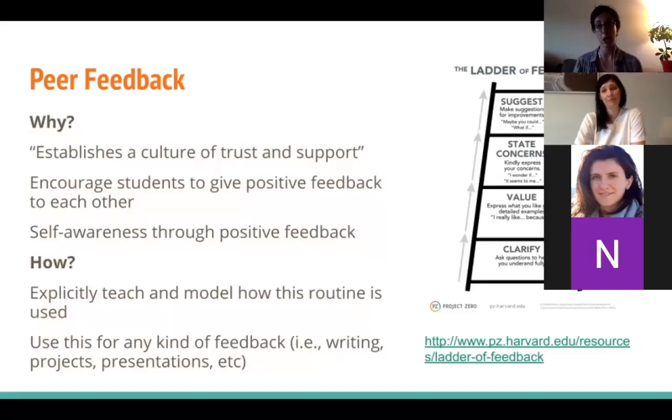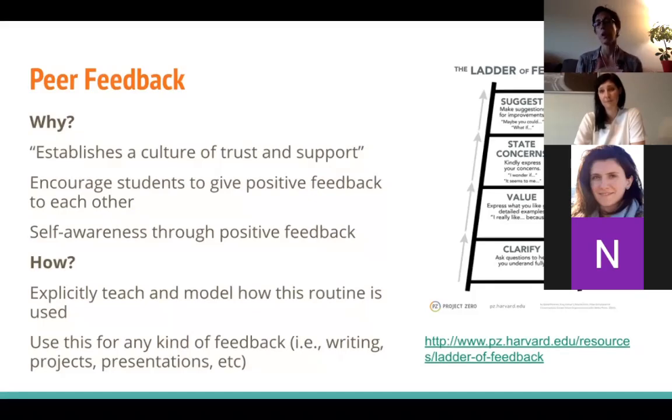How can you make it better? However, the ladder of feedback really starts out about clarification and value. So it encourages students to give positive feedback to each other. It also can encourage you to give positive feedback to your students if you use it in a teacher-student interaction.